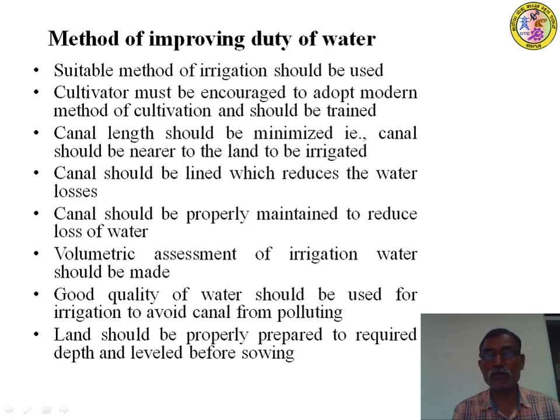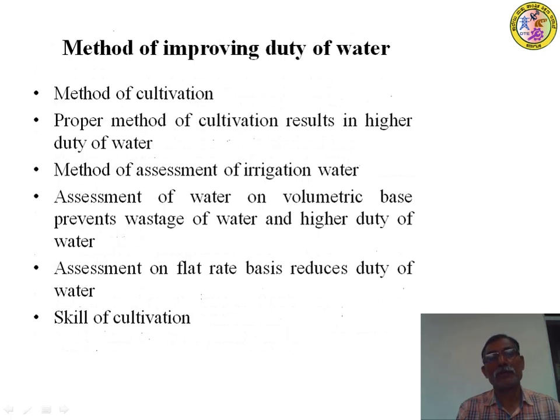Good quality water should be used for irrigation to avoid polluting the canal. Land should be properly prepared to the required depth and level before sowing. Is it not? Method of cultivation is very important. The proper method of cultivation results in higher duty of water. The method of assessment of irrigation water is also important. Assessment of water on a volumetric basis prevents wastage of water and gives higher duty of water.